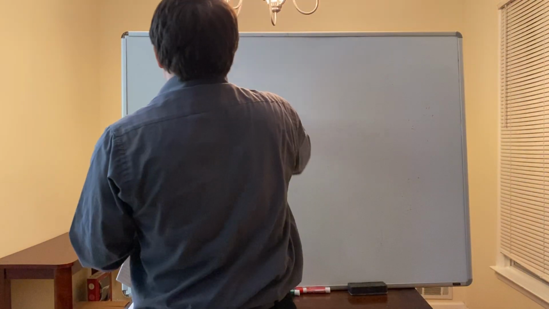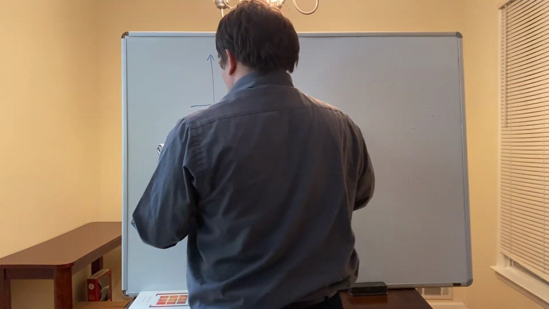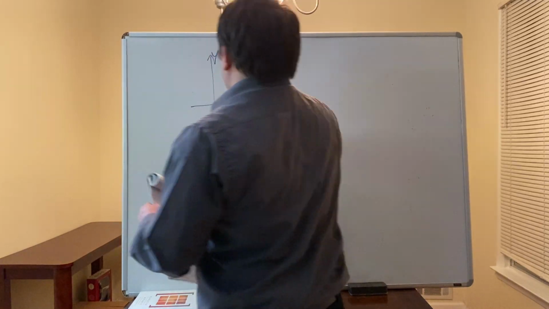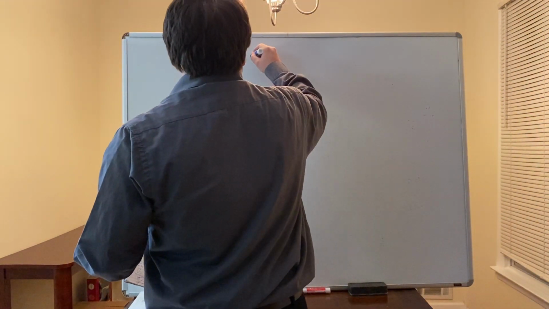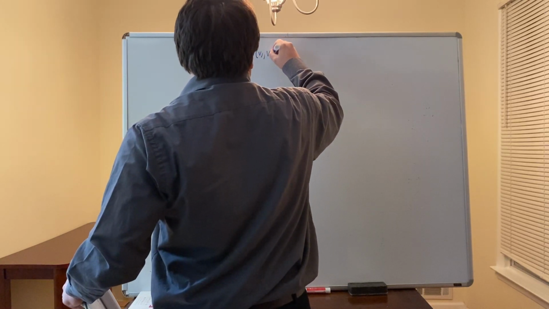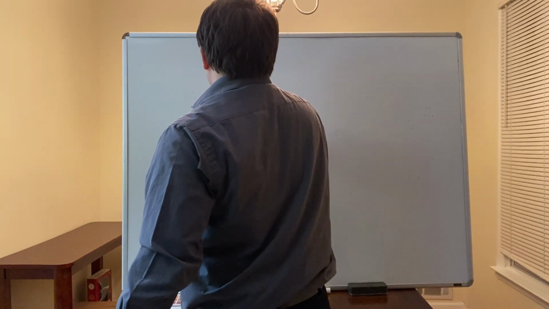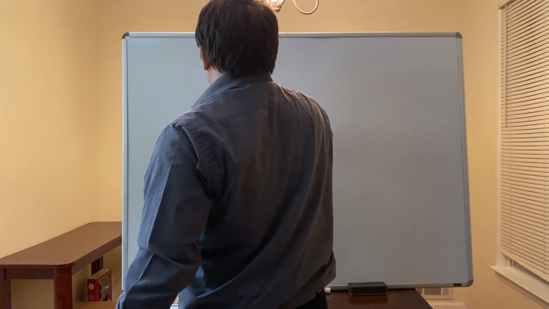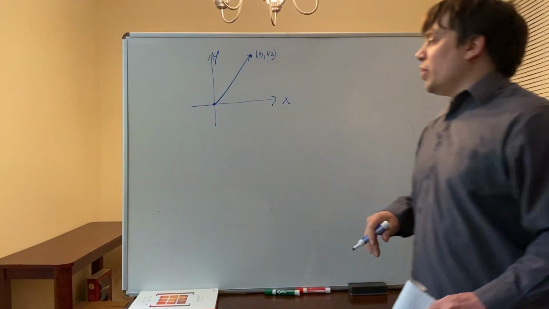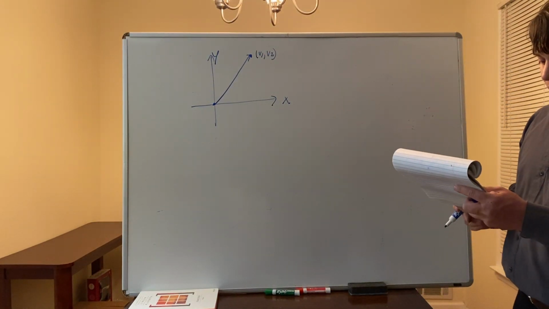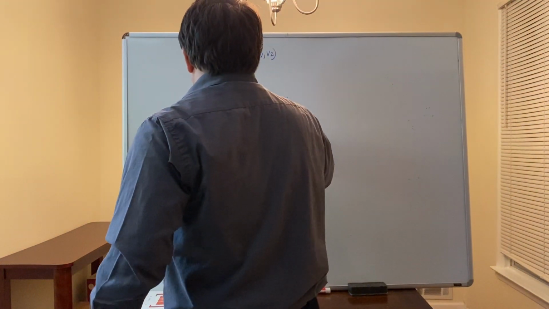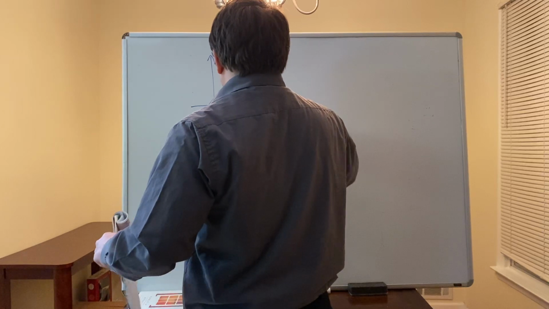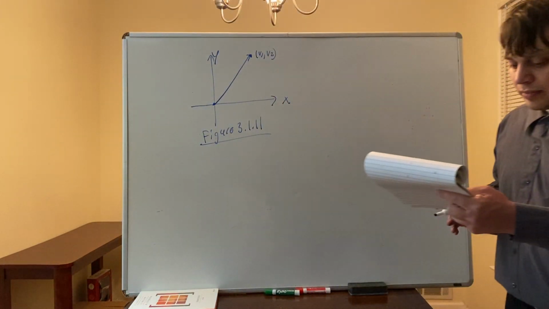So another important thing to mention, let's say you're in two space, so you have the x-axis and y-axis, and you have a point v1, v2, and you can also think of the vector from the origin, the initial point at the origin, and the terminal point at that point v1, v2. This is figure 3.1.11.